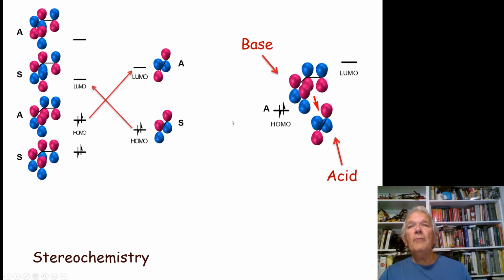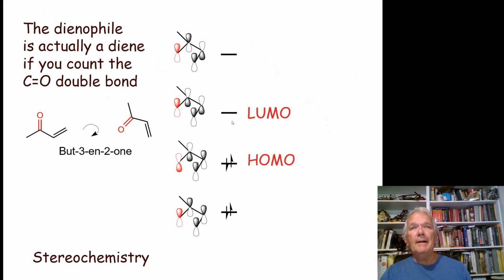Well, again, we go back to our orbitals. If you look at this carbonyl here, it is actually a diene as well if we count the carbon-oxygen double bond as another double bond.